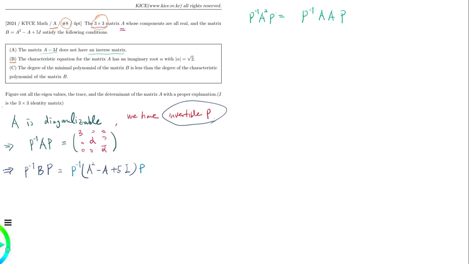So A squared is in the middle, then we can rewrite it as A times A, and we can insert P inverse P for each A, and this P inverse P is nothing but the identity matrix.